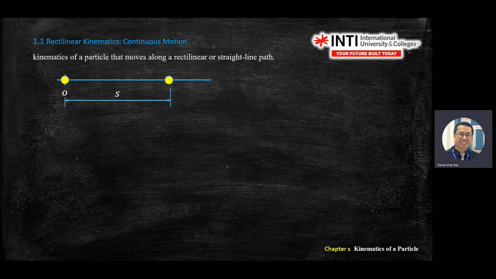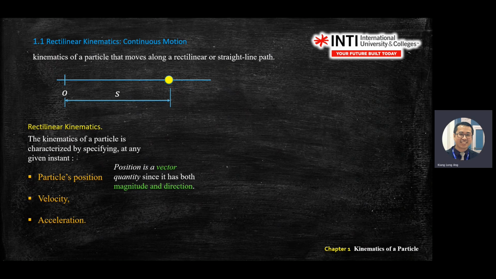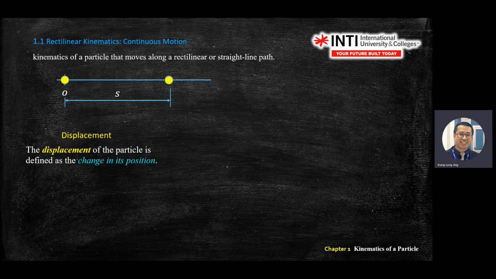Now we have a position already. There's a redefinition of what you learned in your physics. Some of us like to use displacement for position, but when you come to engineering dynamics, be careful. Displacement is the change of position, it is delta S. As you look at the diagram, the particle moves from the original position S to a new position, which we will call S prime.